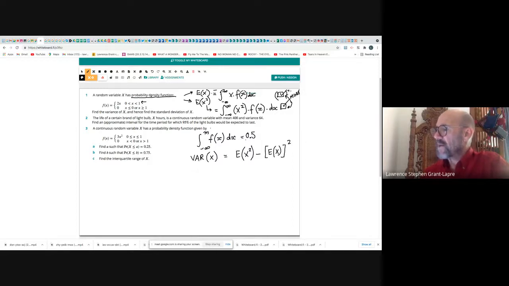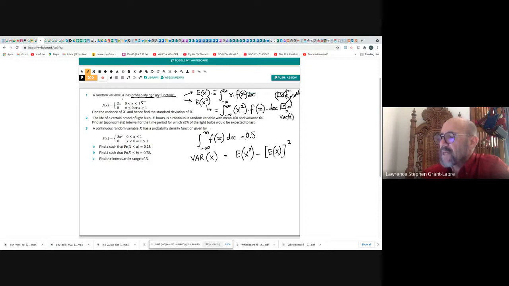So the variance will be the expected value of x squared minus the mean squared. So let's do that.